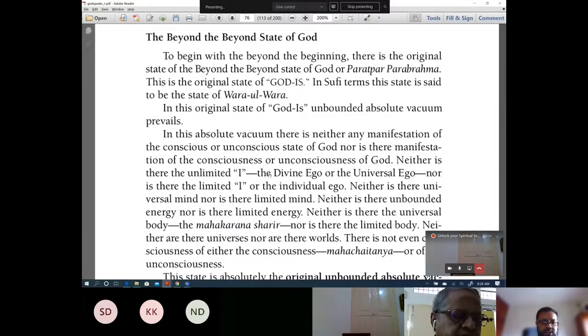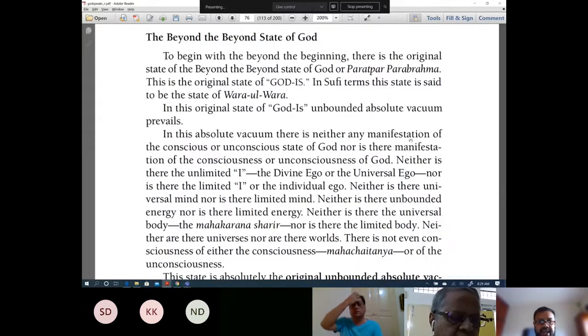In this original state of God is, unbounded, absolute vacuum prevails. In this absolute vacuum, there is neither any manifestation of the conscious or unconscious state of God, nor is there manifestation of the consciousness or unconsciousness of God.